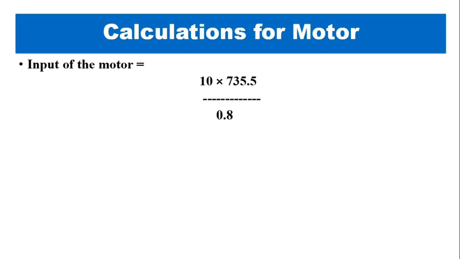So 10 HP is equal to 10 into 735.5 divided by 0.8. We have considered here power factor, that is cos phi, is 0.8. So input to the motor you will get 9193.75 watts. So this is the input in wattage.